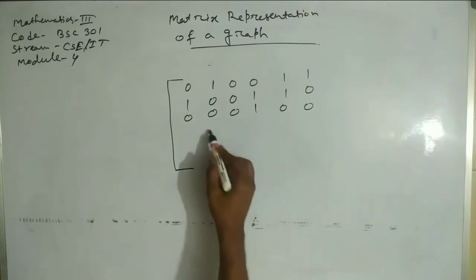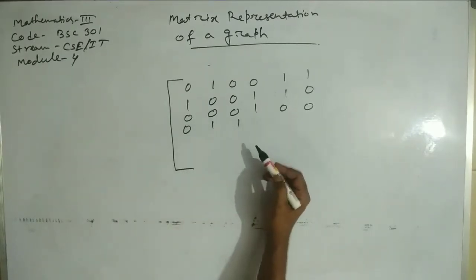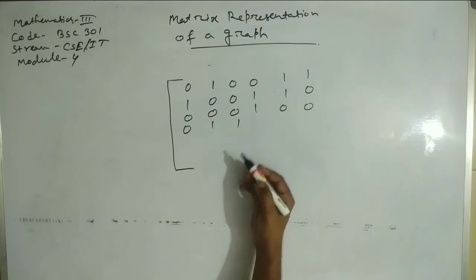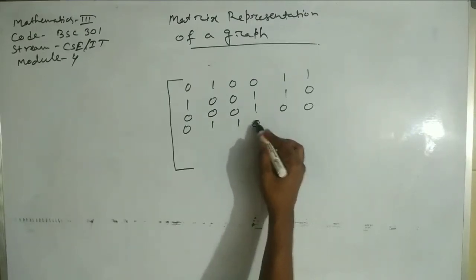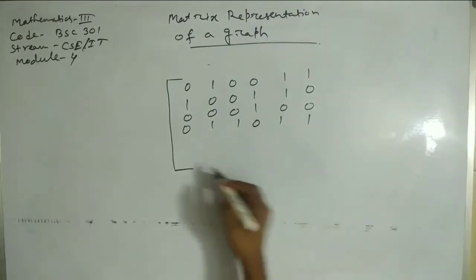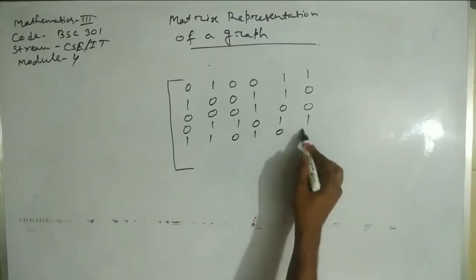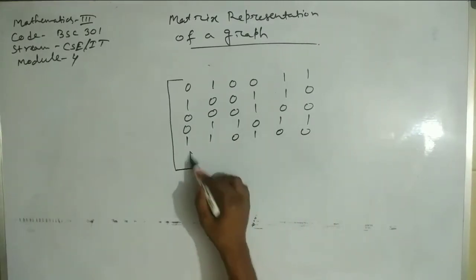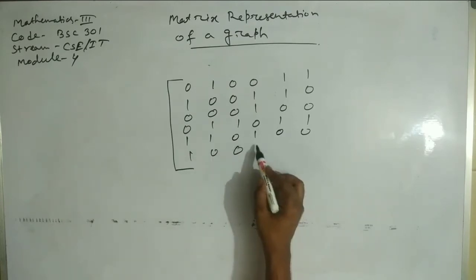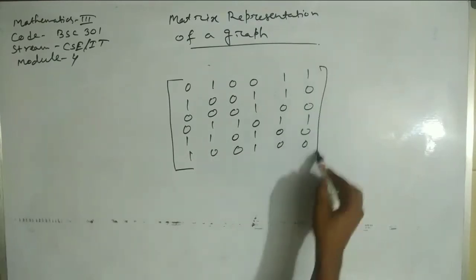Fourth row 0 1 1. Please write with me and you can practice with me. 0 1 1 1 1 0 1 0 0 1 0 0 1 0 0.